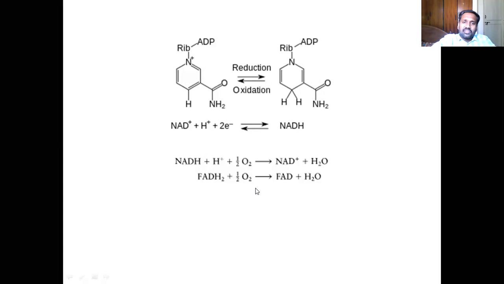As of now, we will oxidize this NADH using molecular oxygen itself, which is a readily available, very inexpensive, efficient oxidizing agent, the oxygen in the air. Molecular oxygen itself is a very strong oxidizing agent. In fact, very inexpensive. But I hope that you all follow the news, right? The oxygen is very inexpensive in the atmosphere, very freely available.